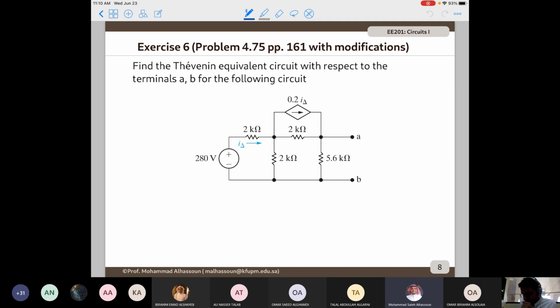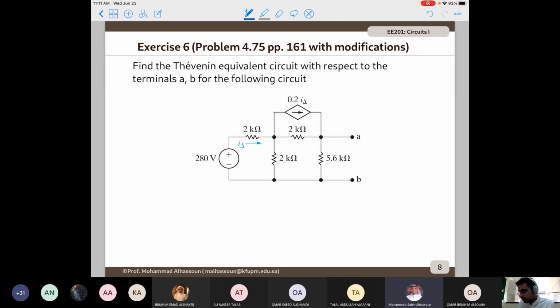In this exercise, we are asked to find the Thevenin equivalent circuit with respect to the terminals A and B. So usually what you have is something like this. Say this one is 10 ohm. And I'm asking you to find the Thevenin equivalent circuit seen by the 10 ohm resistance. So the first thing is you delete this one, then you start your calculation.